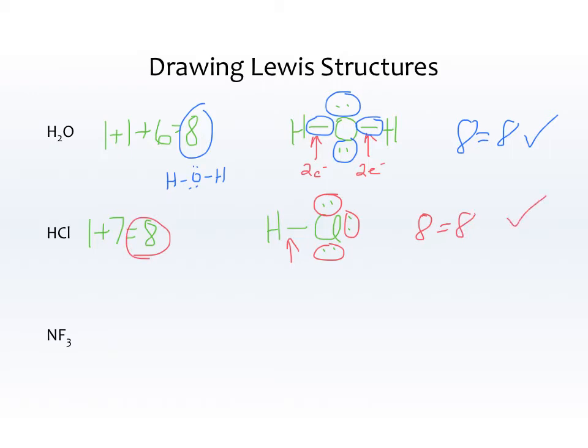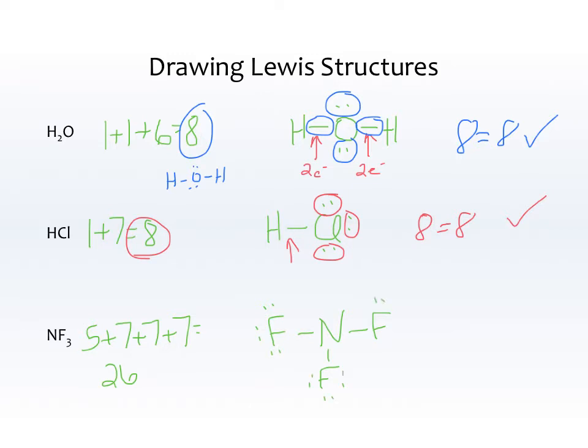This one's good. Let's look at NF3. Nitrogen's in group 15. It has 5 valence electrons. Fluorine is in group 17. It has 7 valence electrons. There's 3 of them, so that's 26 electrons total. We're going to put the unique atom in the center and the others around it, connected with a single bond. Everyone in this case is going to get an octet.